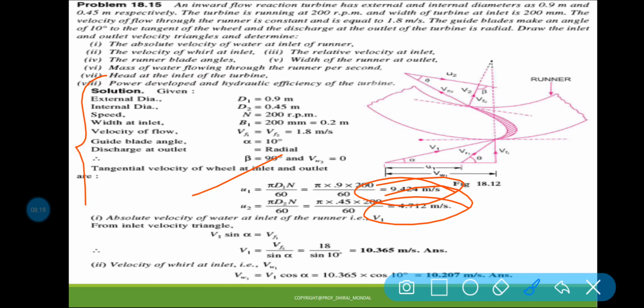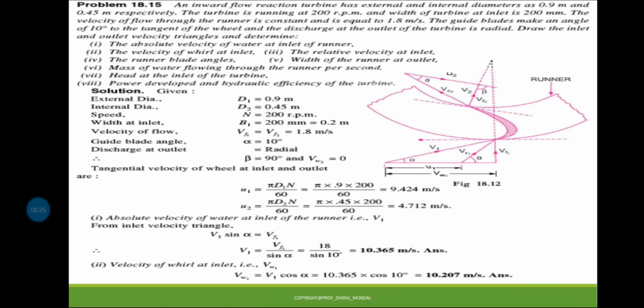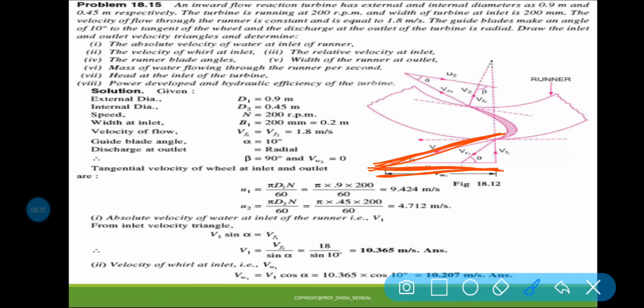Now the first question is to find out the absolute velocity of the jet at the inlet. This is your velocity triangle. This one is your absolute velocity of the jet, V1, this one is the relative velocity at the inlet, and this is U1, the velocity of the wheel at the inlet. This one is your alpha, this is your theta, this one is your VR1, this one is VF1.